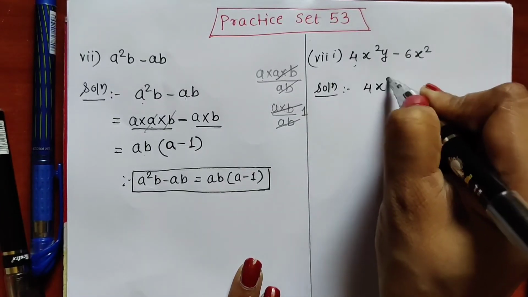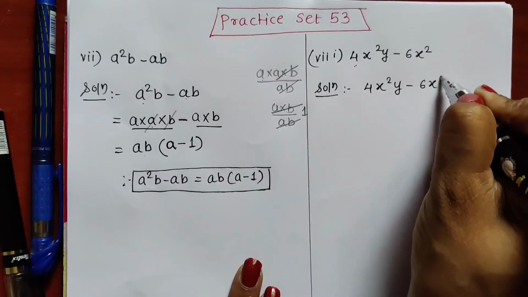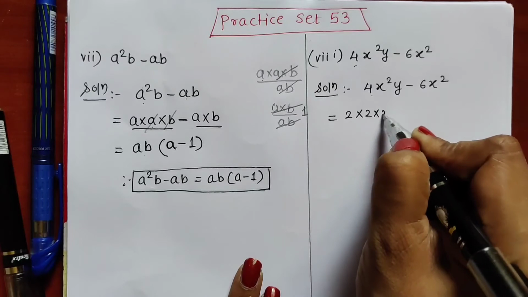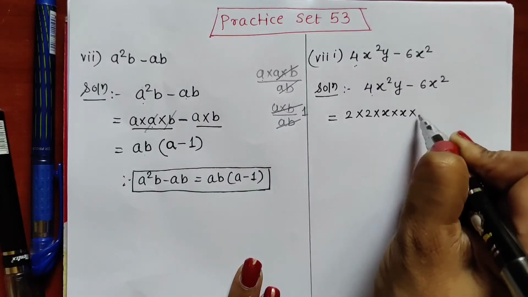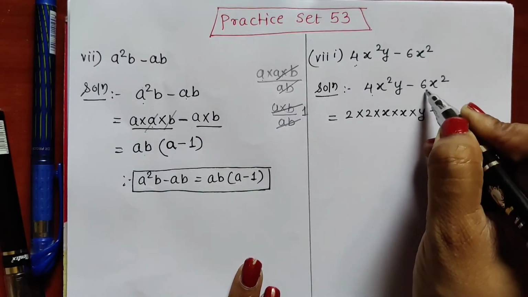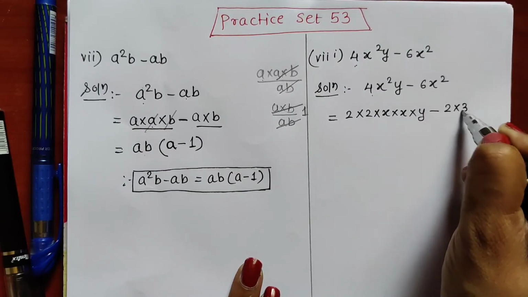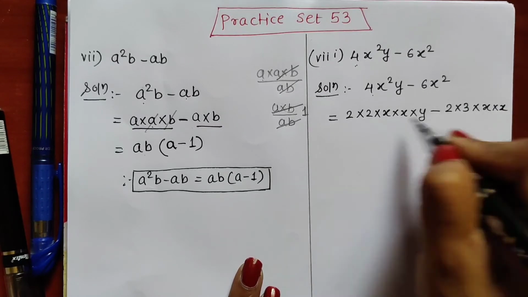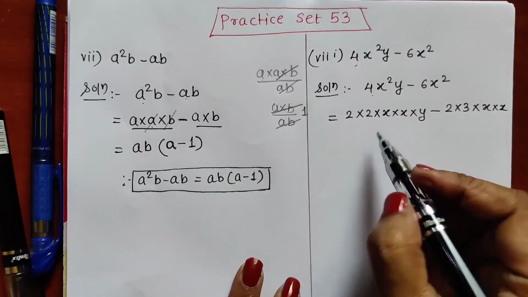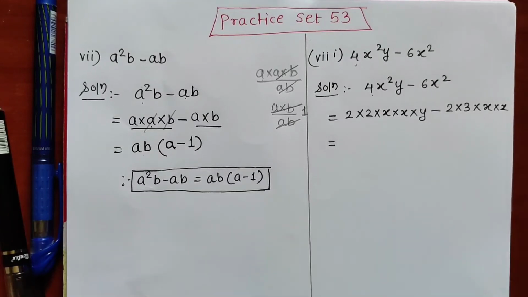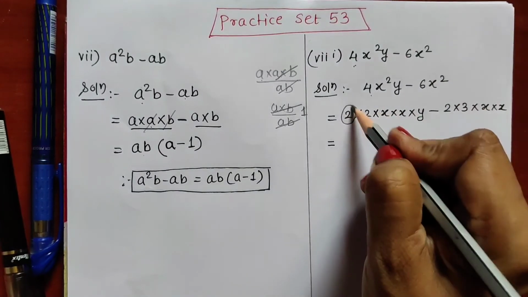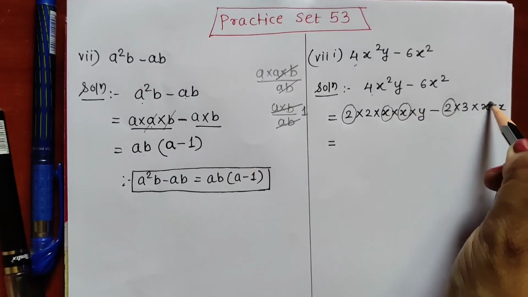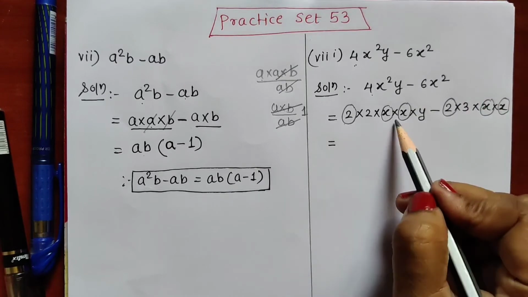So 4x square y minus 6x square. 4x square y can be written as 4 is 2 into 2, x square means x into x, and multiply by y. Now let us see how to write this 6x square. 2 into 3 is 6 and x square is x into x. We have seen this type of factorization in practice set 52. Now see what can be taken out common. What is common? Here 2 is common, then x common. That means 2x square is common.